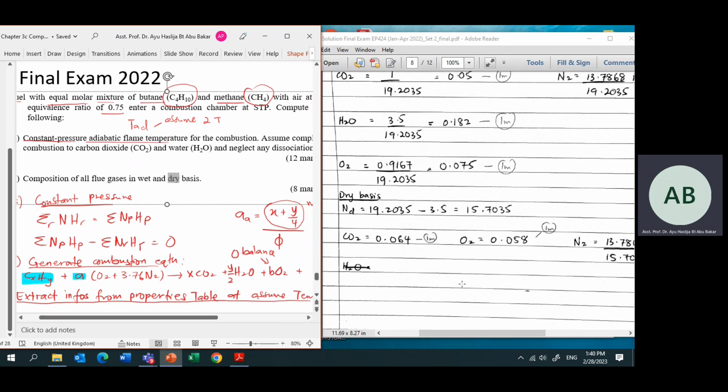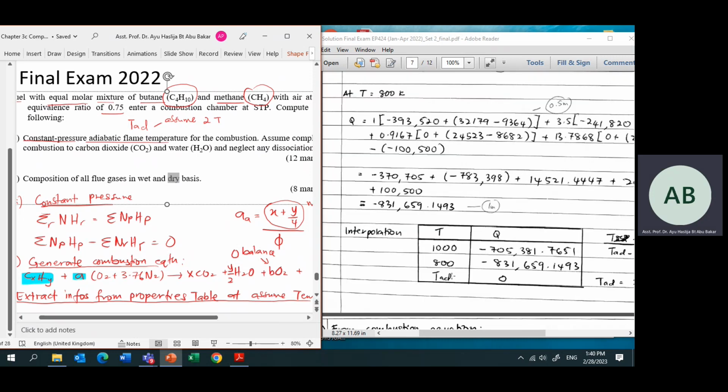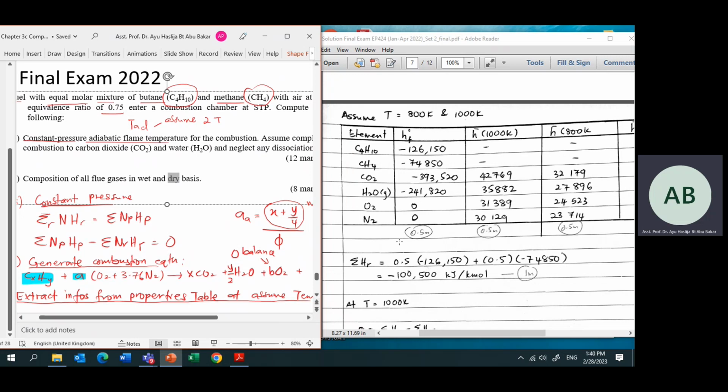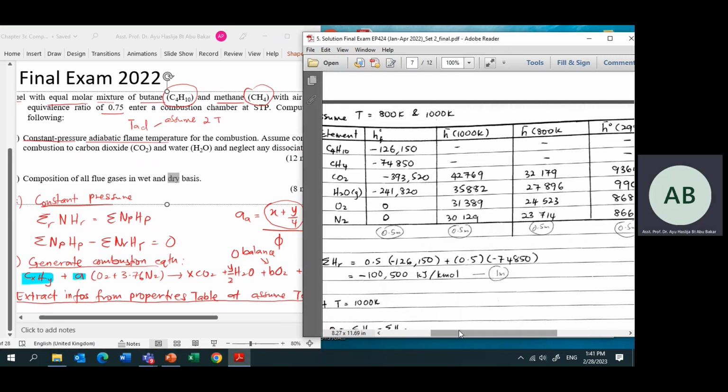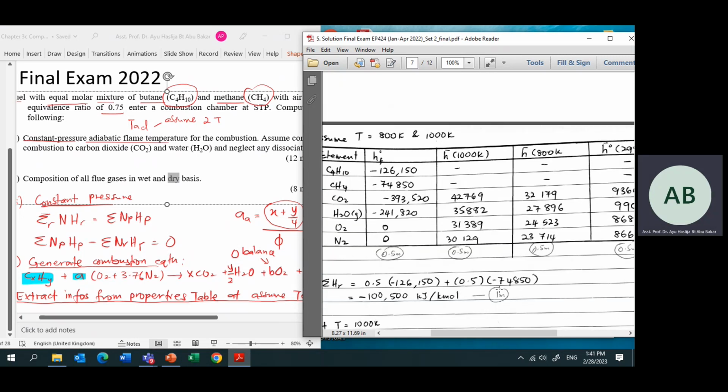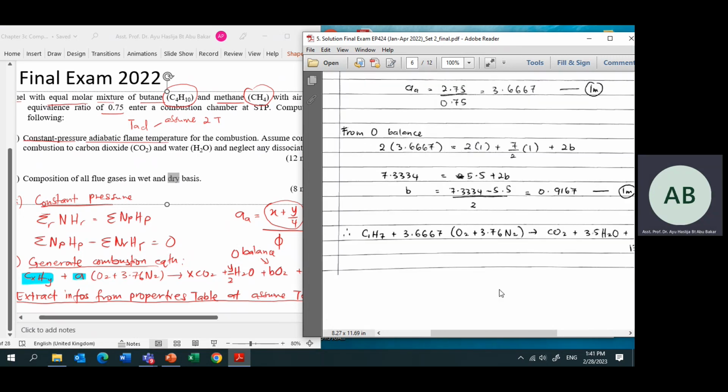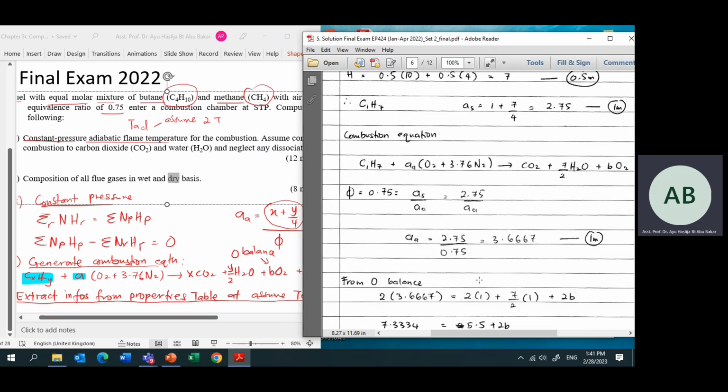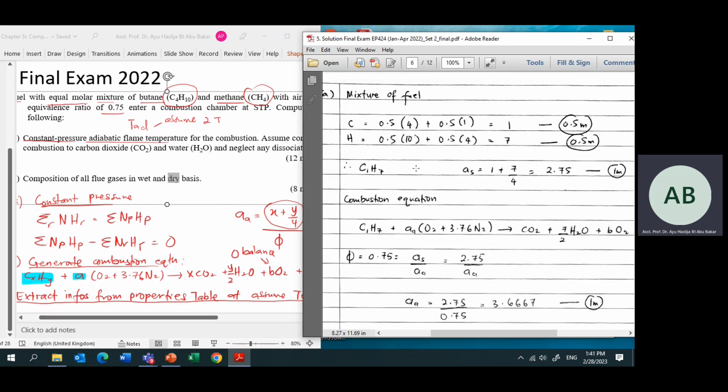For the marks distribution, I have to highlight that for correct info extracted from the table, you will also get marks. There are marks for the steps, not only the final answer. That's why I always emphasize following the steps on how to get the final answer.